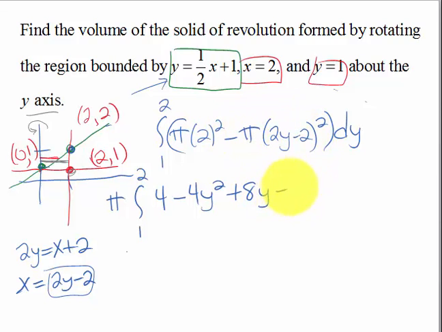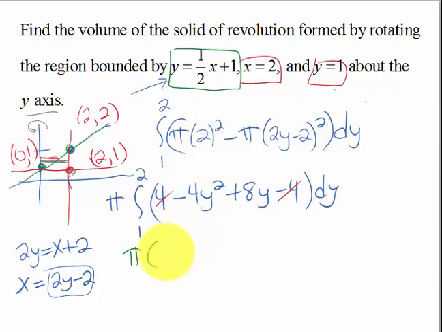Distributing the negative would be negative 4 dy. So we can go ahead and cancel the 4's, and then we can do the integration. So we have pi multiplied by, if we integrate here, negative 4/3 y cubed plus 4y squared. We're going to evaluate that from 1 to 2.